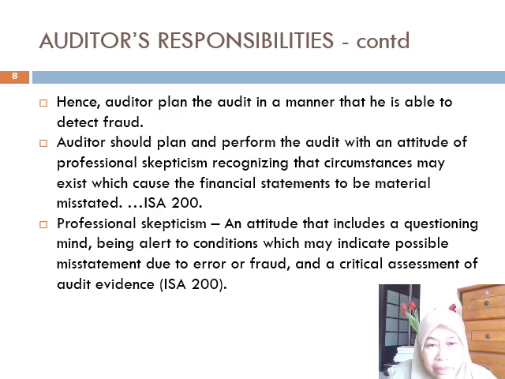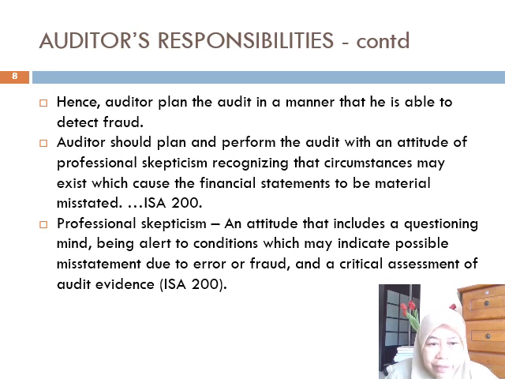Okay, in relation to the auditor having to give an opinion on whether the financial statements have material misstatement or not, here we can see the auditor has to plan the audit in a manner that he is able to detect fraud. So he should plan and perform the audit with an attitude of professional skepticism, which is to recognize circumstances that may exist that can cause financial statements to be materially misstated.